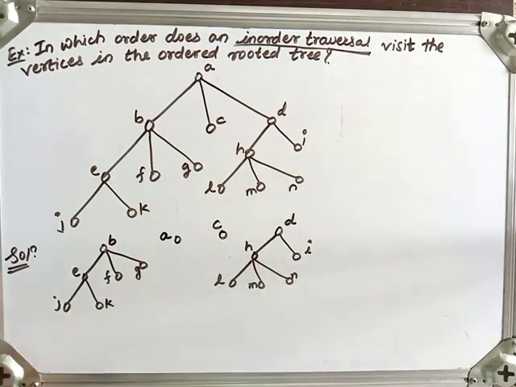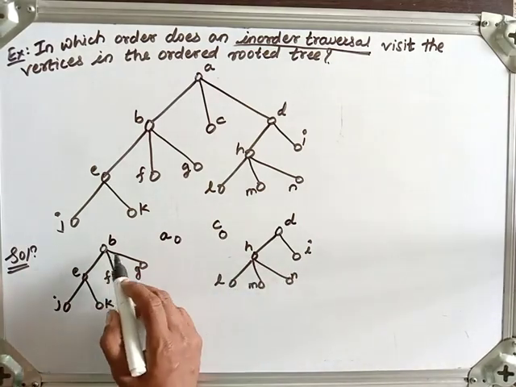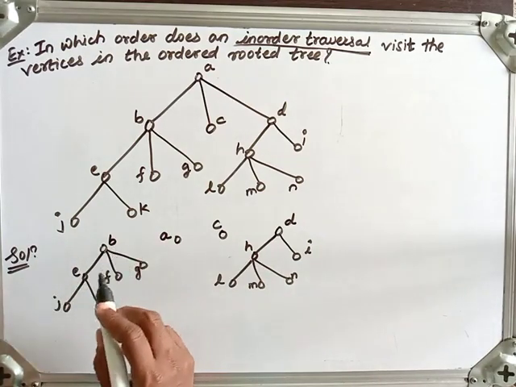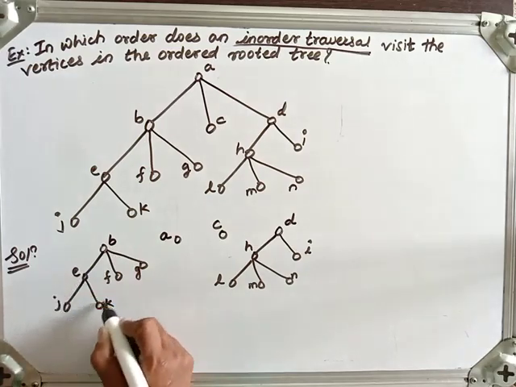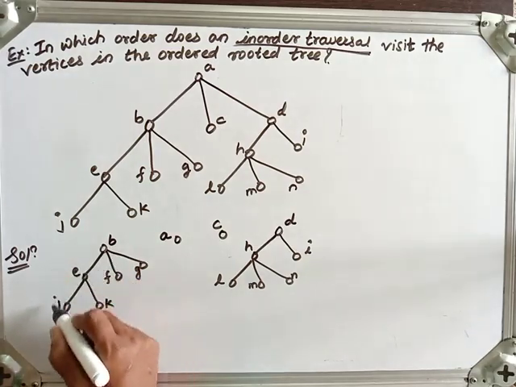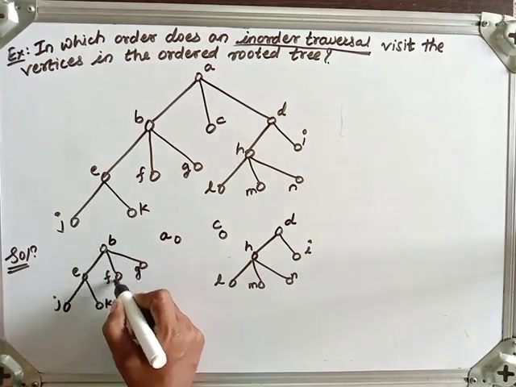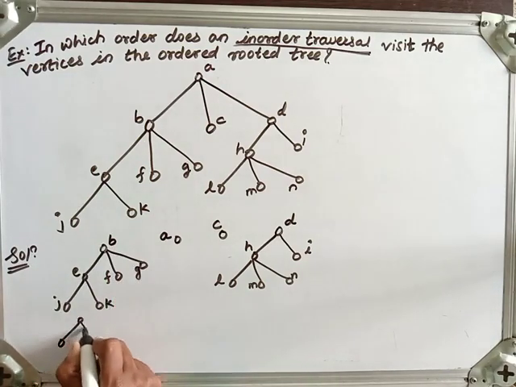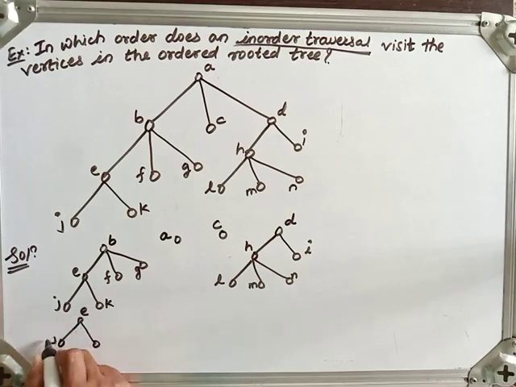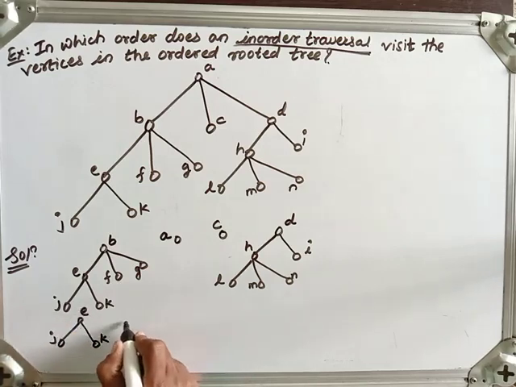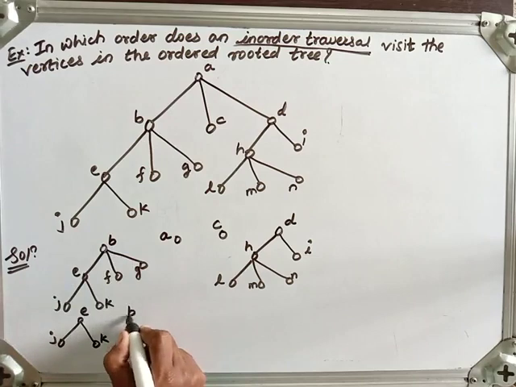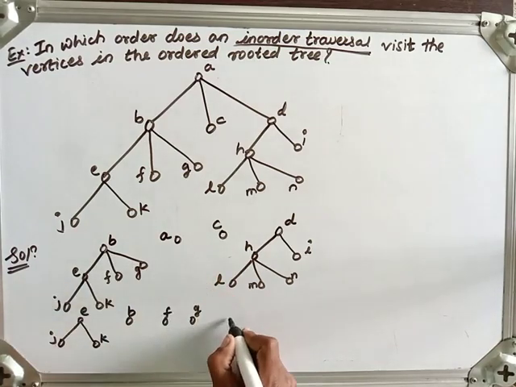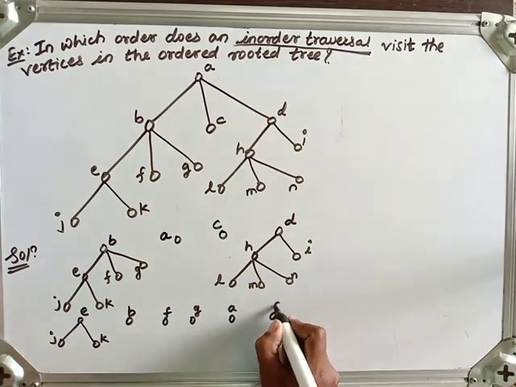Next step, now again treat this as one rooted tree and follow the same thing. So here our first tree will be E, J, K, then B, F, G. This is E, J, K, then we take B, then F, then G. Then A as it is, C as it is.